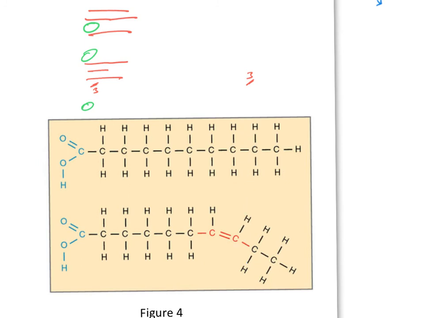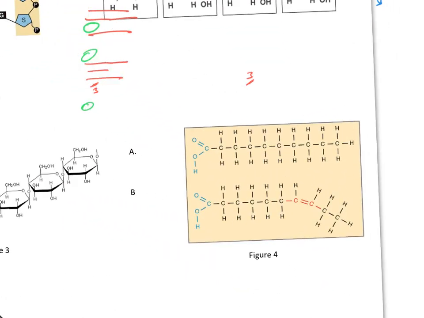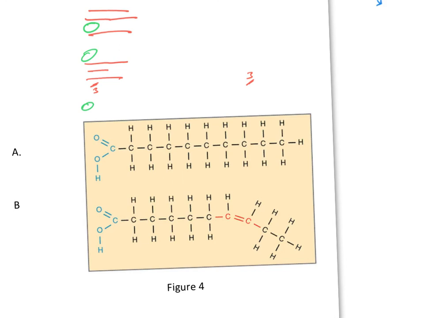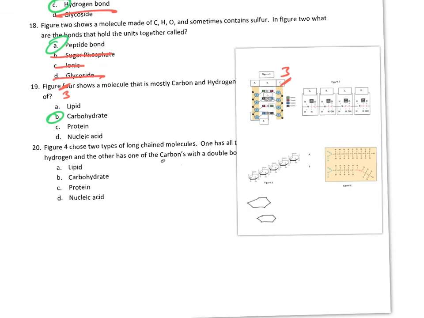What do we call those? Any long chain of mostly carbon and hydrogen. And then I pointed out one of them is double bonded, and so one's saturated, the other's unsaturated. Lipid. It's a lipid. You're right, you got it right. It's a lipid. So the answer here is lipid.